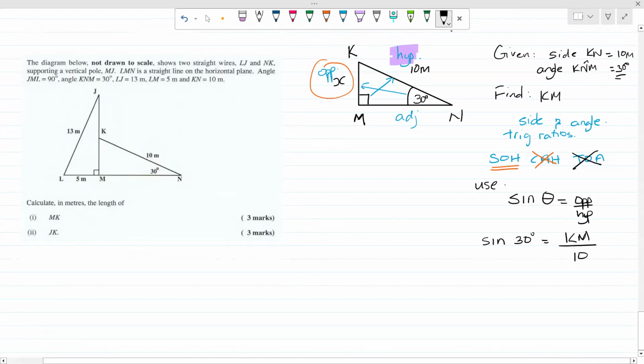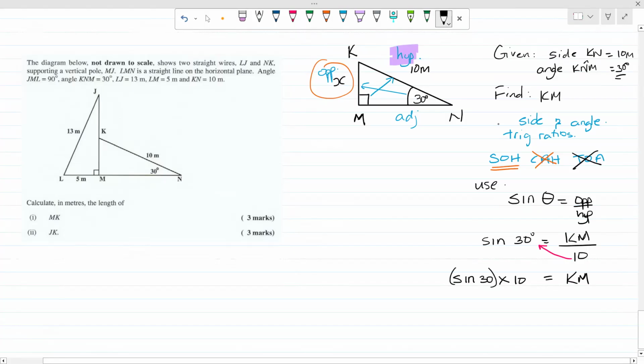If I want to find KM, I have to move this 10 over to the other side so that I remain with KM alone, because I want to find what KM is. When I move the 10 across, I have to multiply by 10. So I have to go into my calculator, work out what sine theta is, and multiply that by 10.